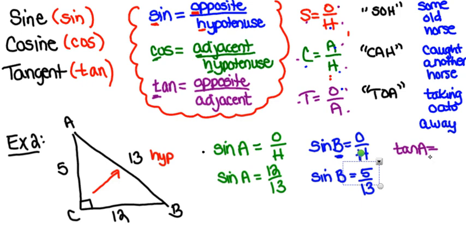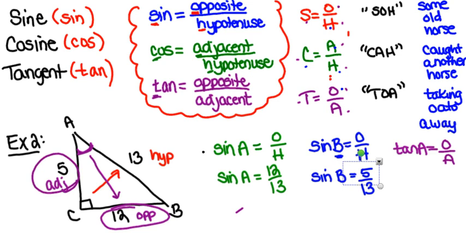Again, my reference angle here is angle A. I'm going to go back up here for angle A. 12 is the opposite. 5 is the adjacent. And for tangent, tangent is opposite over adjacent. So for the tangent of angle A, I'm going to have 12 over 5. So the tangent of angle A is going to be 12 over 5.